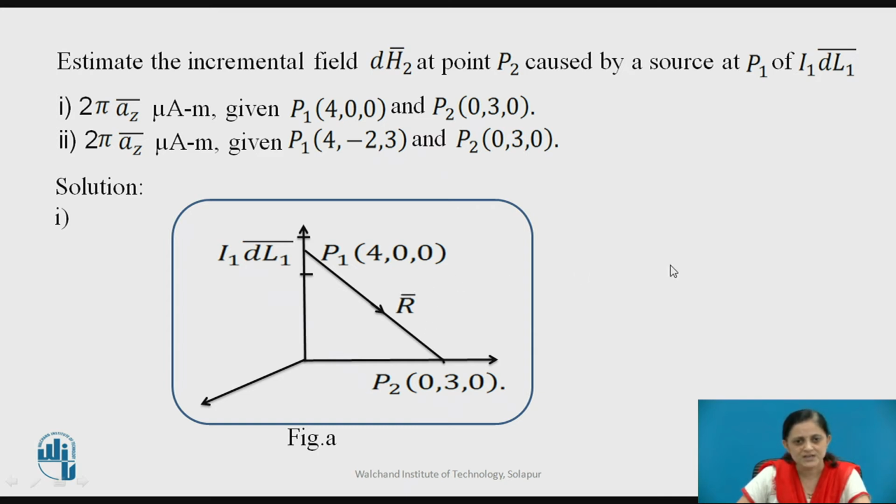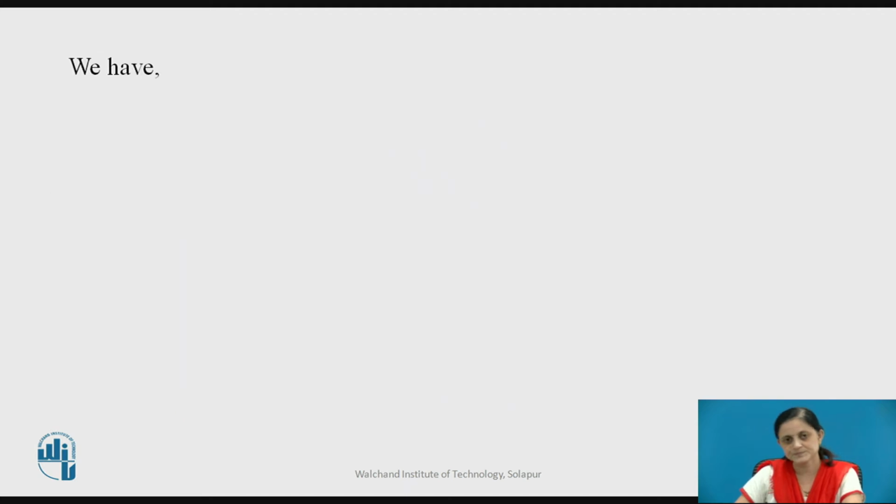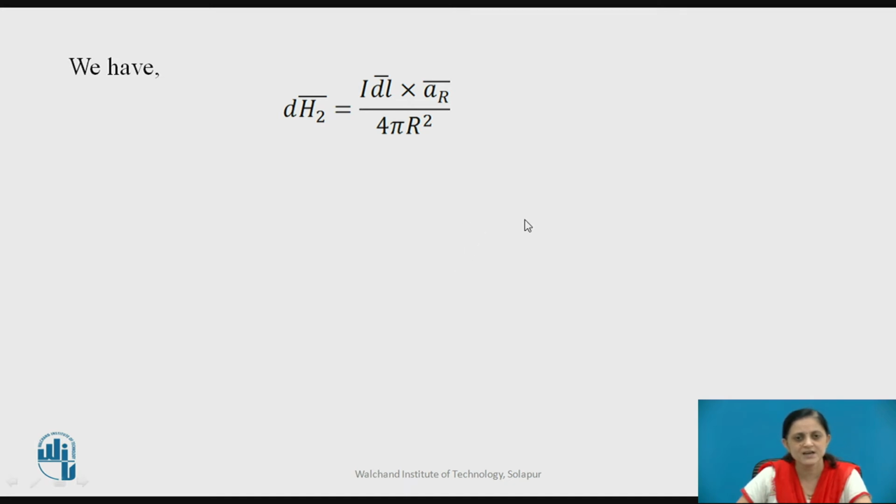With respect to that r bar vector, you can calculate the magnitude as well as the unit vector. Now we have the equation of this dH2 bar, that is the incremental magnetic field intensity. It is given by I dl bar cross a bar r upon 4 pi r square. So first let us find the r bar vector.